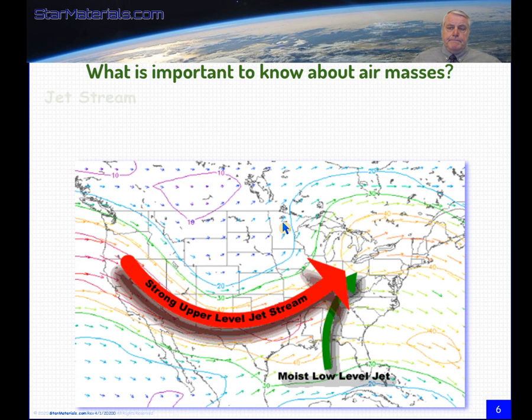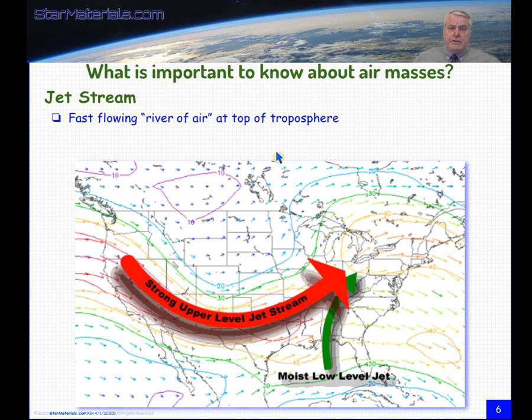Now, the jet stream. You may have heard of that. It's a fast-flowing river of air at the top of the troposphere. In other words, at the top of the weather band is a river of air that pushes the air fronts.